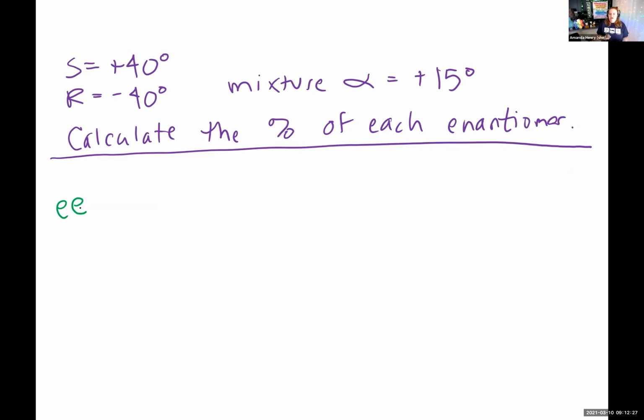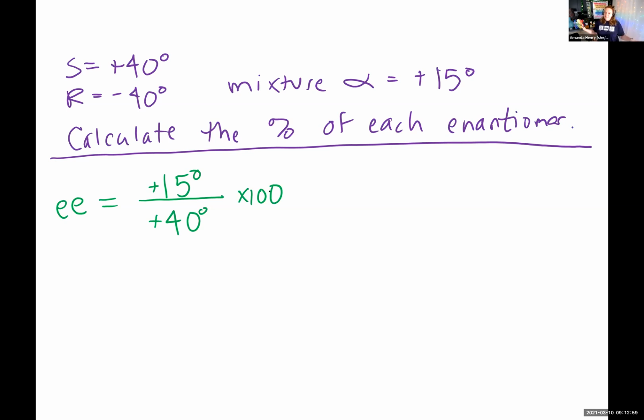EE, enantiomeric excess, is equal to 15 degrees divided by 40 degrees times 100. So 15 is the experimental observed rotation for our mixture, divided by the rotation for the pure enantiomer, which is 40. And I'm using the positive 40 because my mixture was also positive.